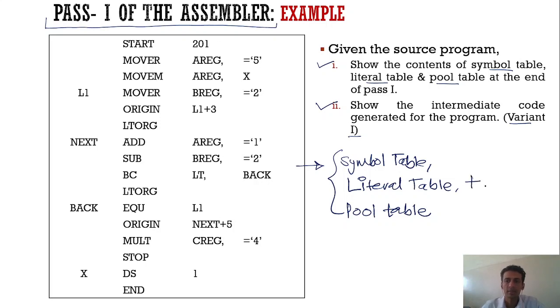Along with this, we translate or we change the form of this input program into some intermediate form and we refer to it as intermediate code, that is in short IC. Now this intermediate code is of two variants, that is variant 1 and variant 2.